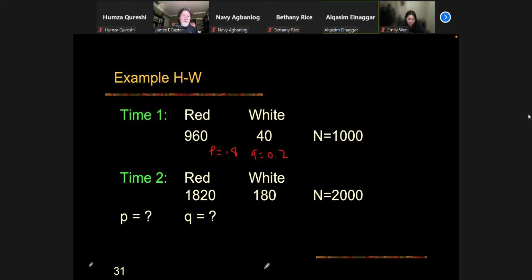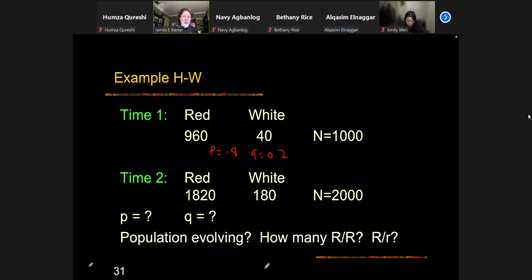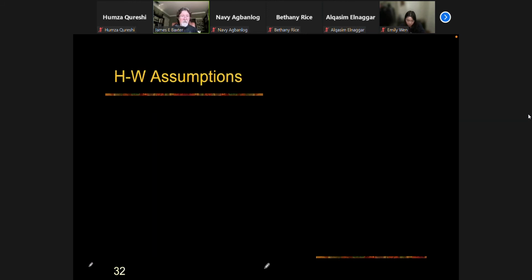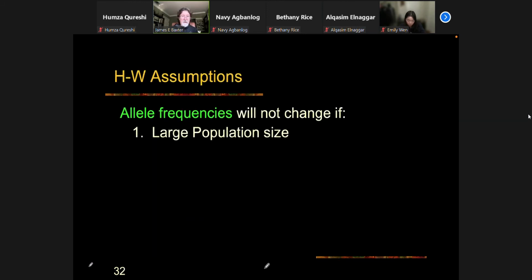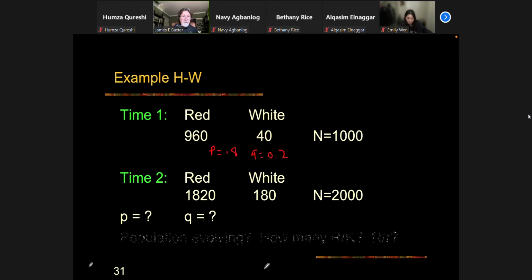What do we do? So we could do 180 over 2,000 and then take the square root. Exactly. So we would have to go through that. So let's go ahead and do it. Okay. If you have calculators, you figure it out for me. 180 over 2,000 is 0.09.